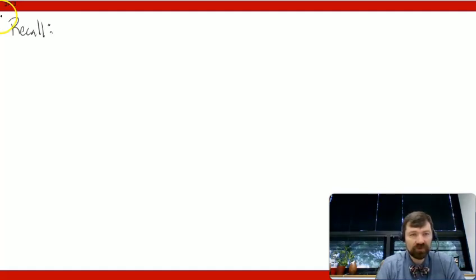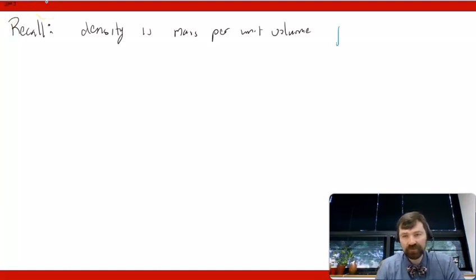So recall that density for our purposes here is mass per unit volume. This means that the density equation can be written as rho is m over V. Now all solid and liquid substances have some sort of a density, and even gases have density associated with them.